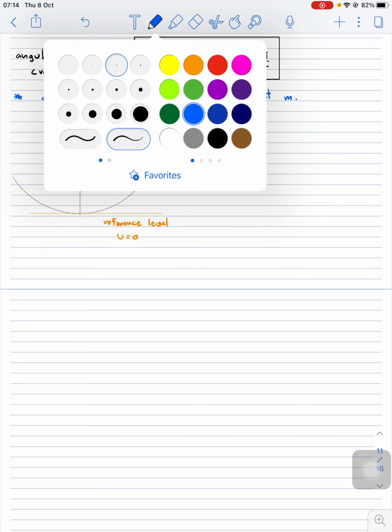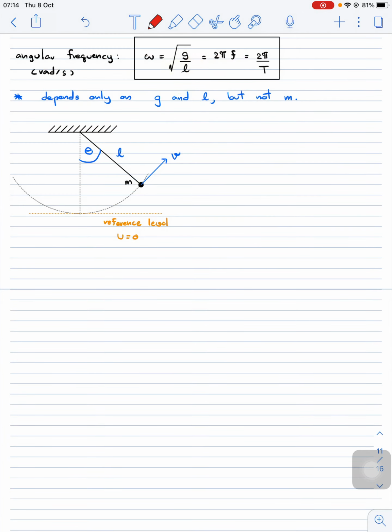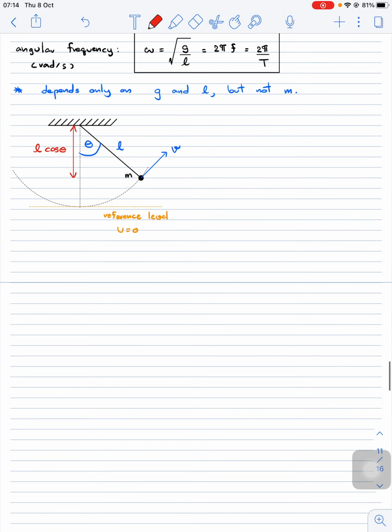Again, because this length is equal to L, this length must be equal to L times cosine theta if we project it onto the vertical axis.